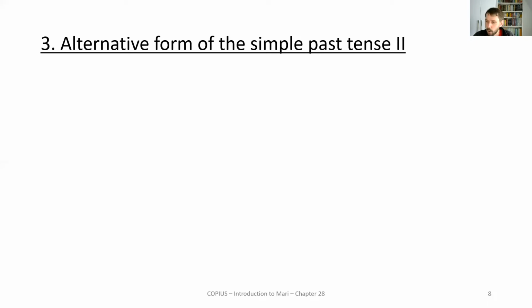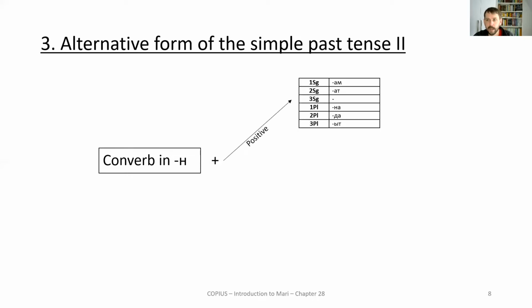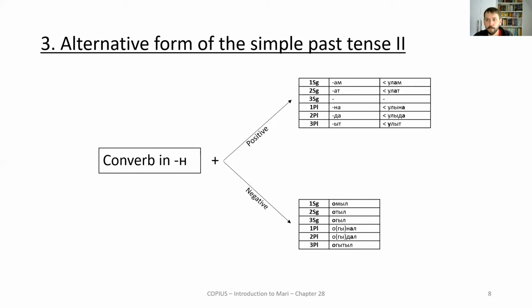If we remember how the simple past tense two came to be, how this is a recent development, how it was formed by having the converb in n or gerund in n, whatever we want to call it, followed in the positive by forms, by endings that go back to stilted forms of to be, and in the negative where we just have the converb with the negation of to be. It is clear that forms like tolanam, I came, was originally tolan ulam, come I, coming am.